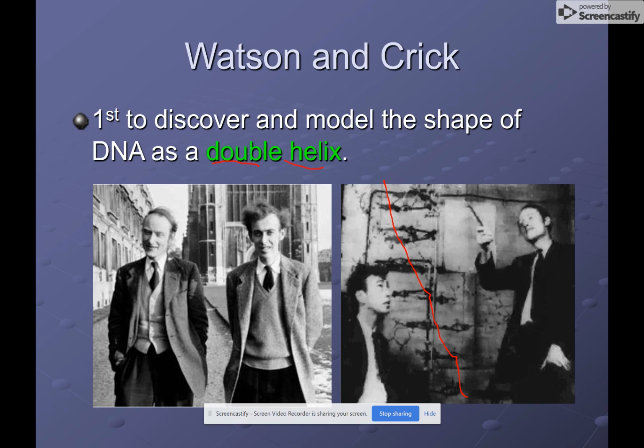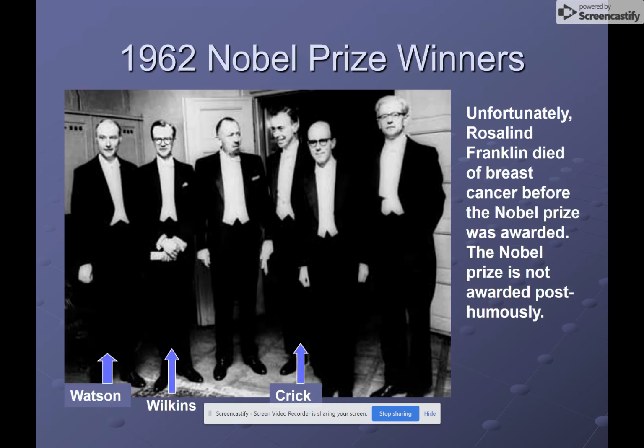And they really needed the help of Chargaff, understanding the base pairs, and that A pairs with T and C pairs with G. And they somehow acquired the information that Rosalind Franklin was working on, the picture specifically. And once they knew information about the picture, they went back to their lab, built the model, and eventually were awarded the Nobel Prize.